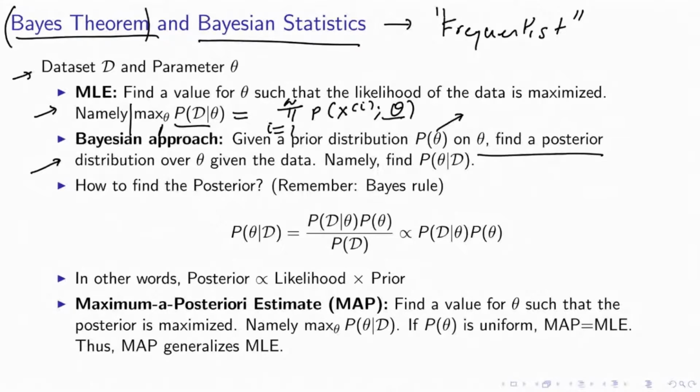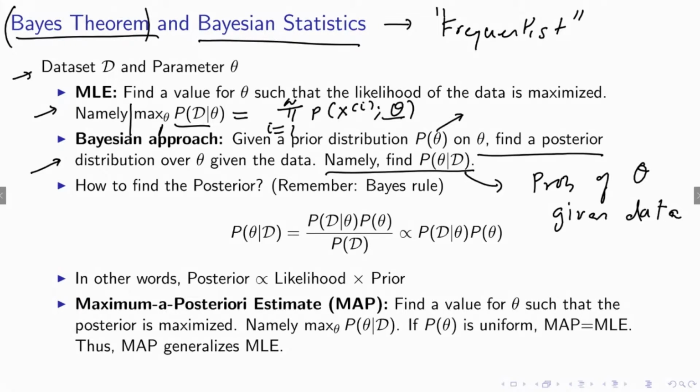Okay? Namely, what we will try to do mathematically is compute the probability of theta, okay, given data. Okay. So the question is, how can I compute p of theta given data?